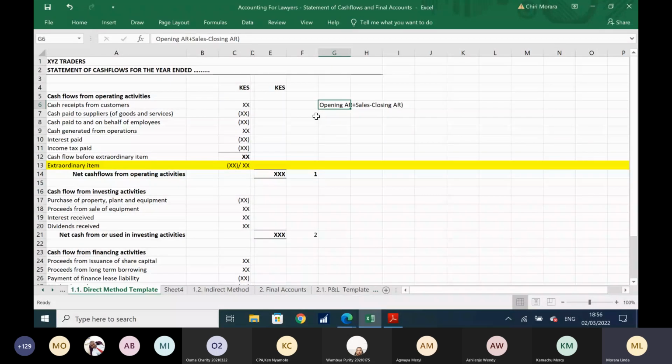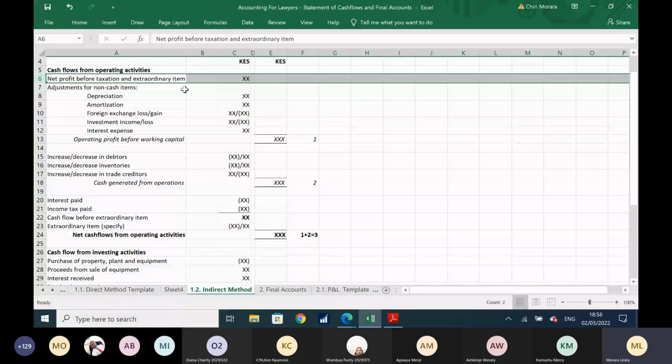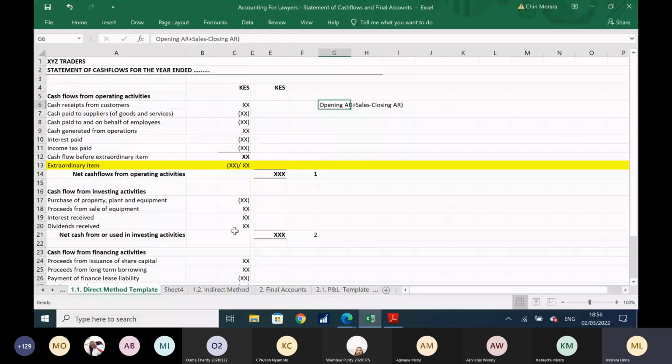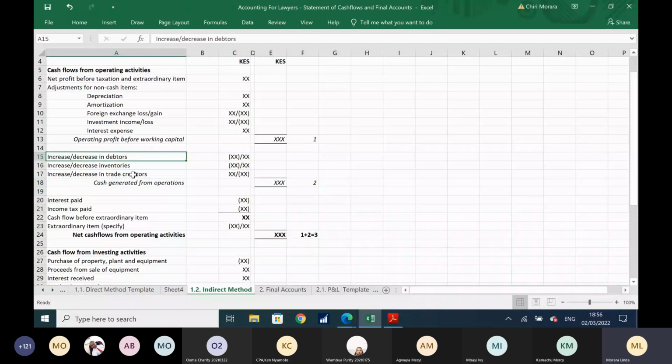So when you come to your indirect method, your sales are already factored in here. That is why your sales are not factoring in your computation for your working capital. So you're just interested in the movement within the debtors. At the beginning of the year, I was expecting this much from my debtors.